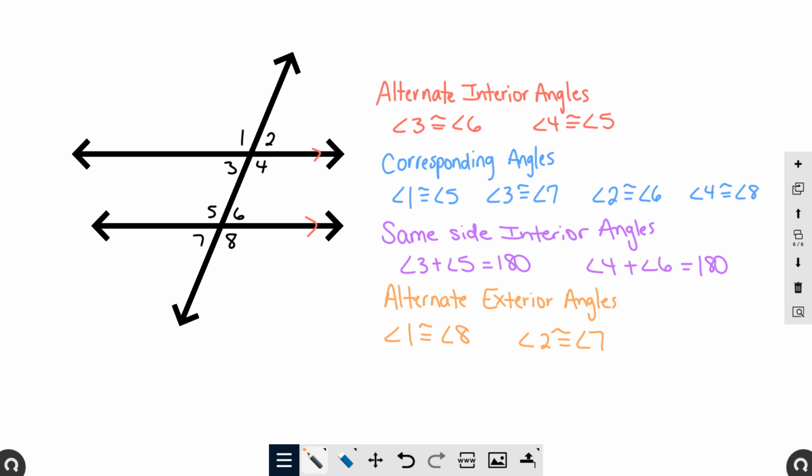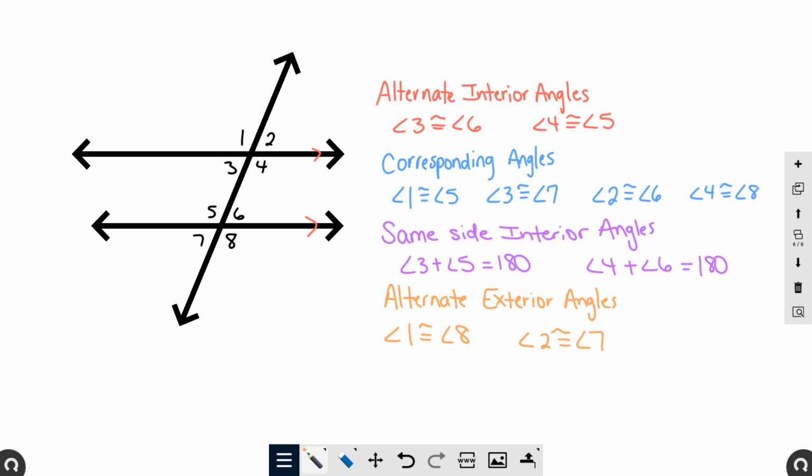All right, any questions so far? These 4 types of angles are very, very, very important. They are also the only 4 ways that you can prove lines are parallel, which is our main topic for today. We're going to prove why lines are parallel to each other using these 4 types of angles. Now, let me ask you a question.